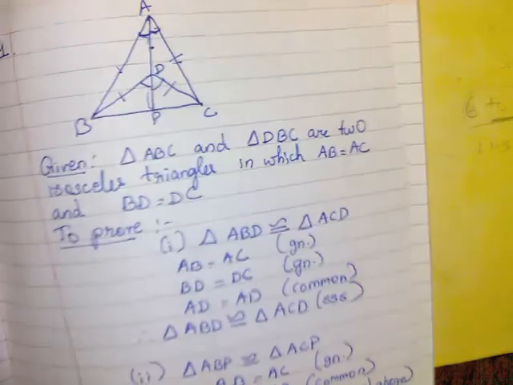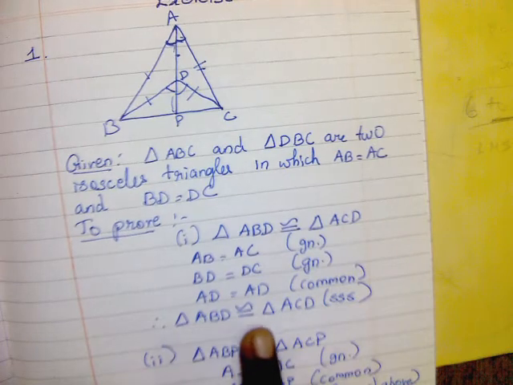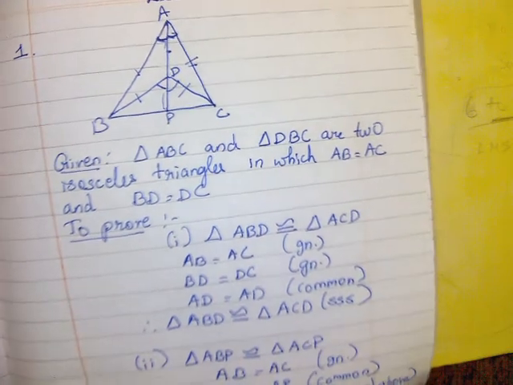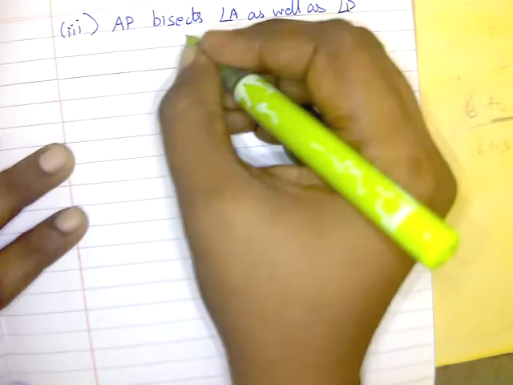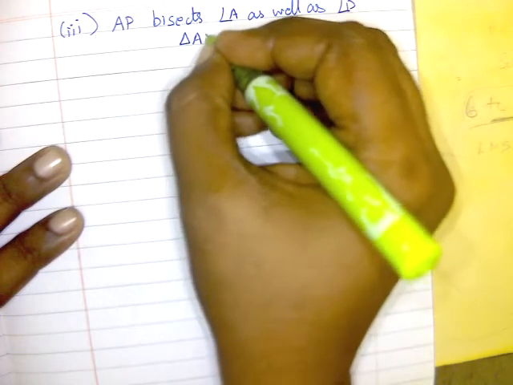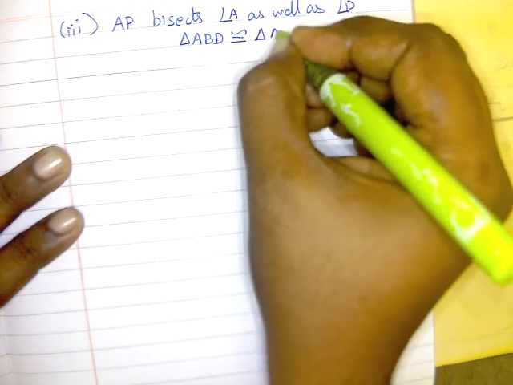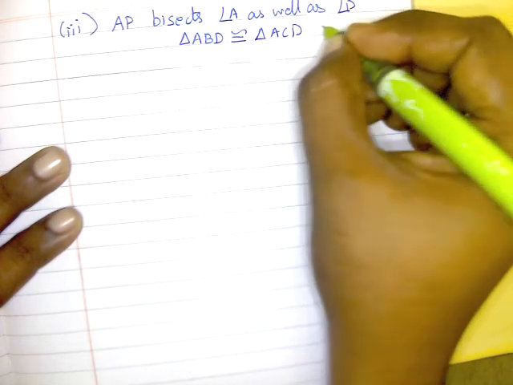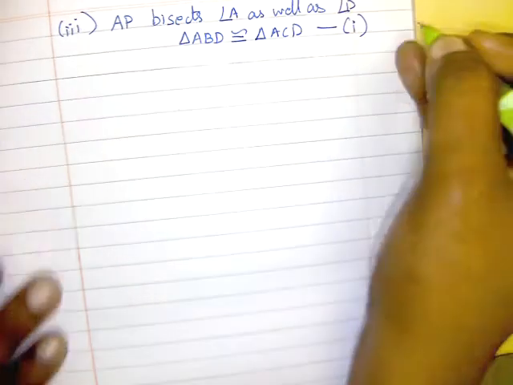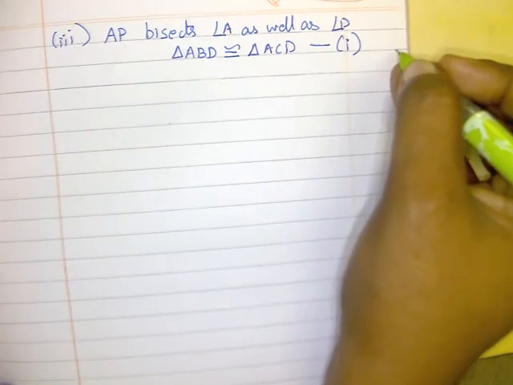Okay, right? So first, what we proved earlier is that triangle ABD is congruent to triangle ACD. That only I am going to write again. Triangle ABD is congruent to triangle ACD. Take this as number 1, because we already proved this.